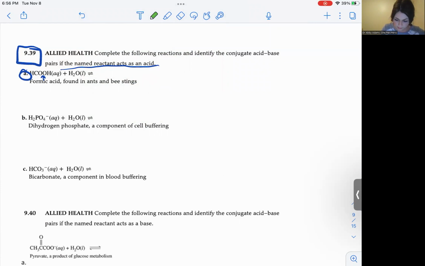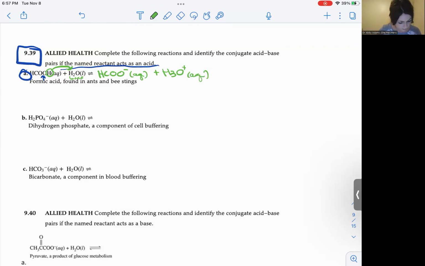So what we will have is our formic acid is going to lose this hydrogen. So you're going to just have this ion now, right? And that's aqueous. And your water has picked up that hydrogen, because your water is going to be your base. So now you're going to have your hydronium ion, and that is also aqueous.